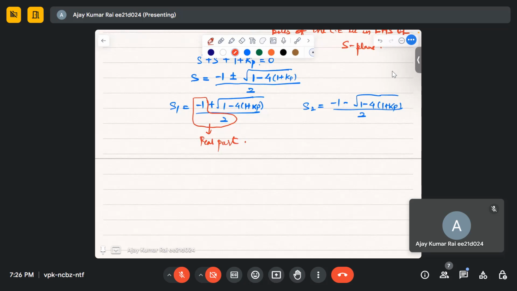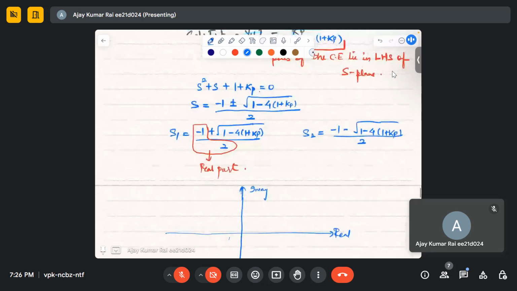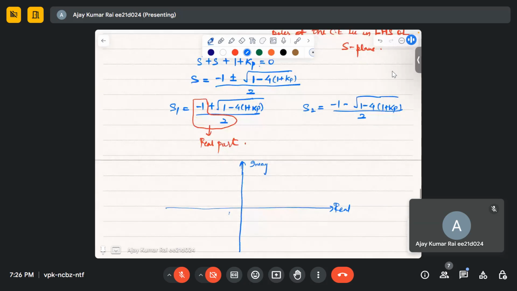Minus 1 by 2. Okay, let me plot the S plane first. So these are two roots, right? We have different possibilities based on the second part.